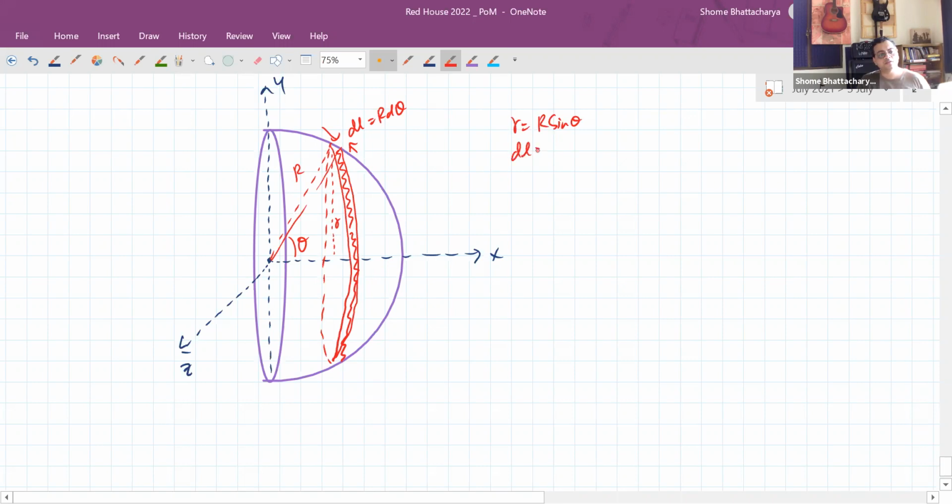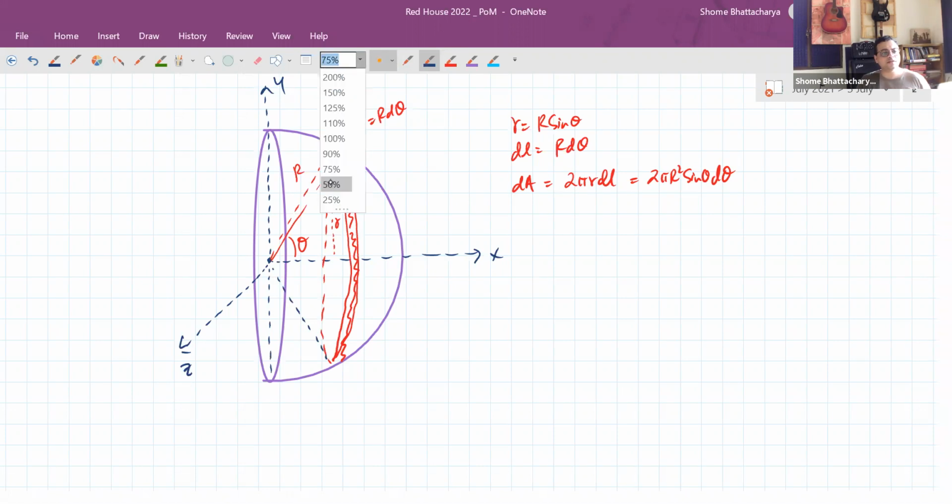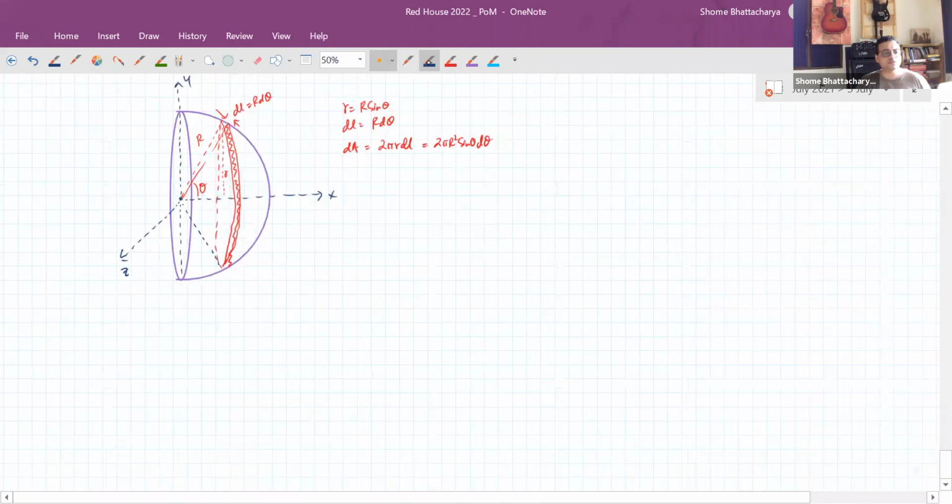So the surface area of that ring becomes circumference into thickness. Right from center of mass going through rotation, now electrostatics and all, you're used to this kind of application. Now let's talk about how force acts on that ring due to external pressure or internal pressure or whatever.